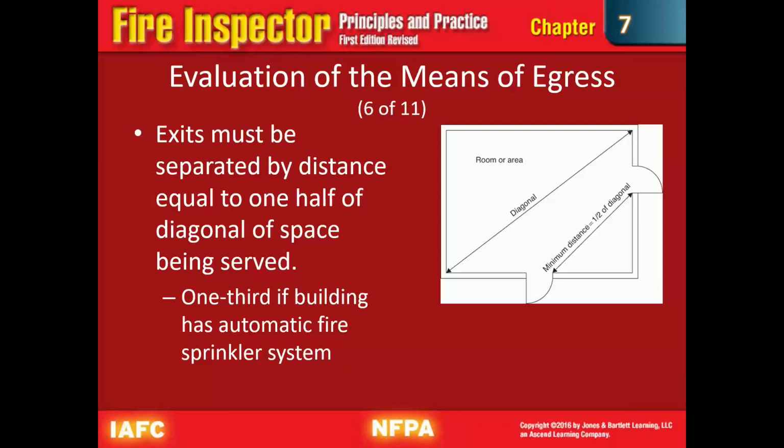That's what we teach kids, and we teach people with fire prevention and fire safety home exit drills, is to know 2 ways out and all that. This is kind of the same principle. And it's going to be based off 1/3 if the building has an automatic sprinkler system. So that's different variables there.